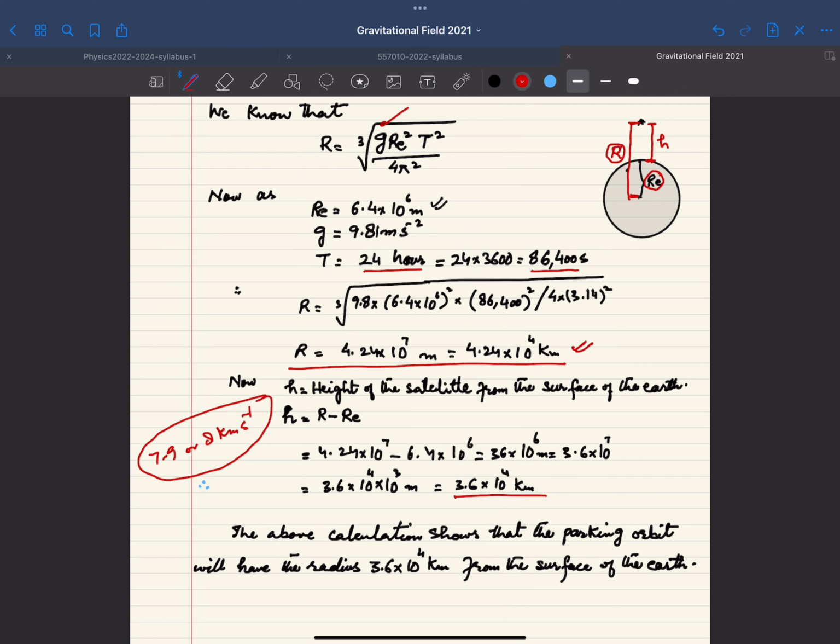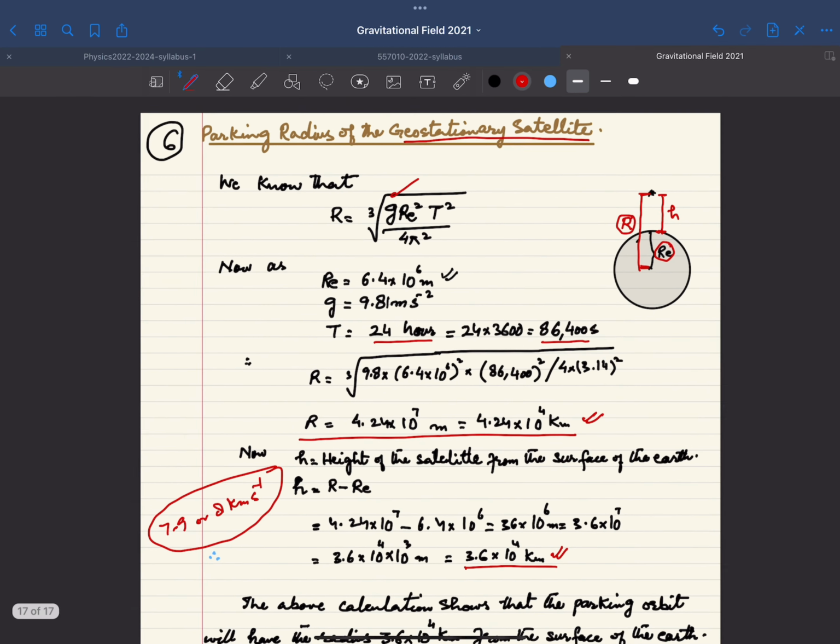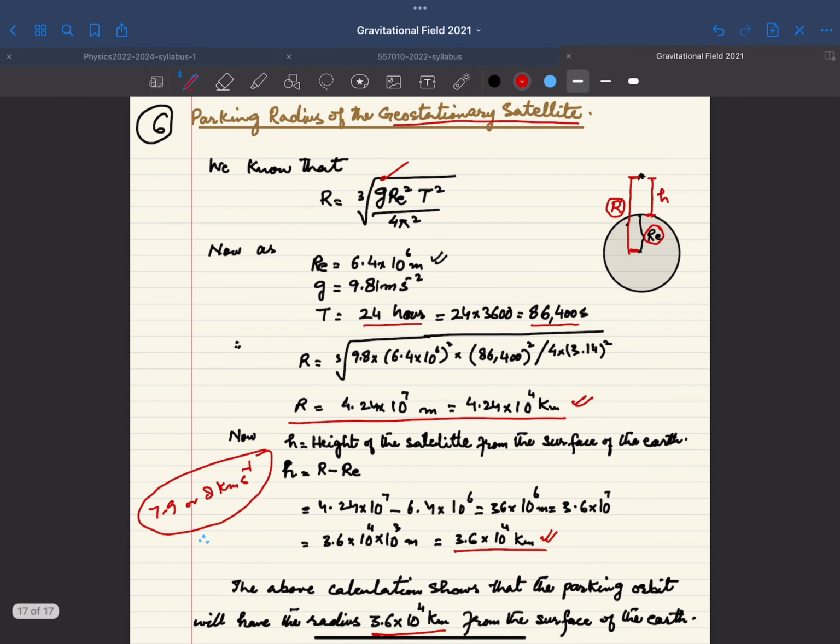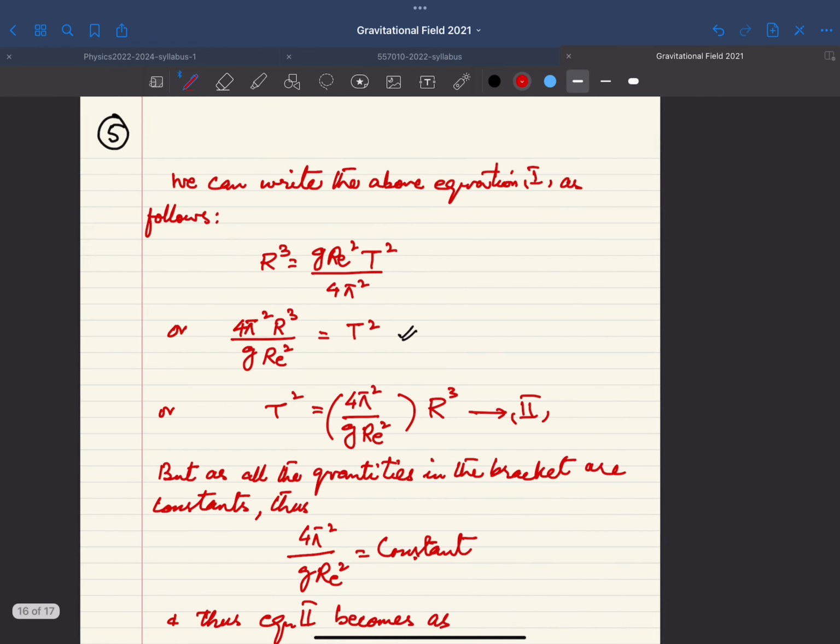And here, if you keep this distance, then this will be the situation for the geostationary satellite. That is, the above calculation shows that the parking orbit will have a height of 3.6 into 10 to the power 4 kilometer from the surface of the earth. So we have this situation as far as the geostationary satellite and the related topics are concerned.